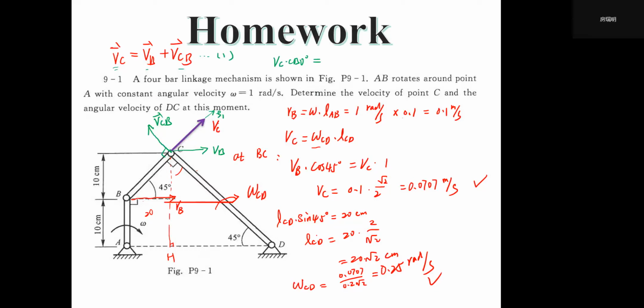And then you can find VB. This VB will be parallel to this VB. So if this is 45, here also is 45, right? So we can just write VB times cosine 45. And you can find VCB is perpendicular to this direction, so when projecting VCB onto this direction, it is always zero.